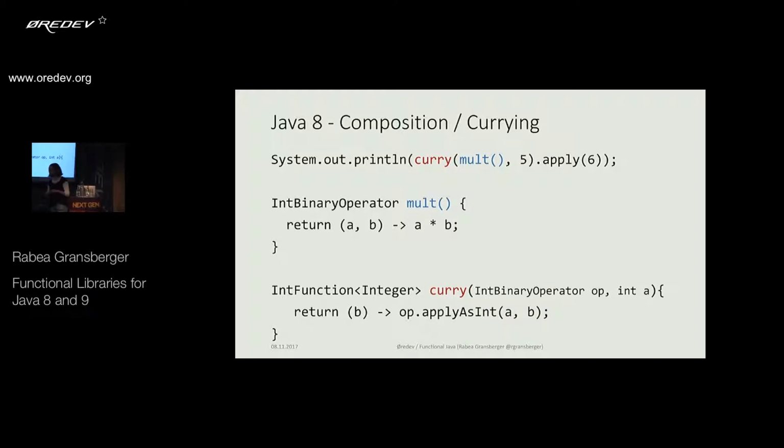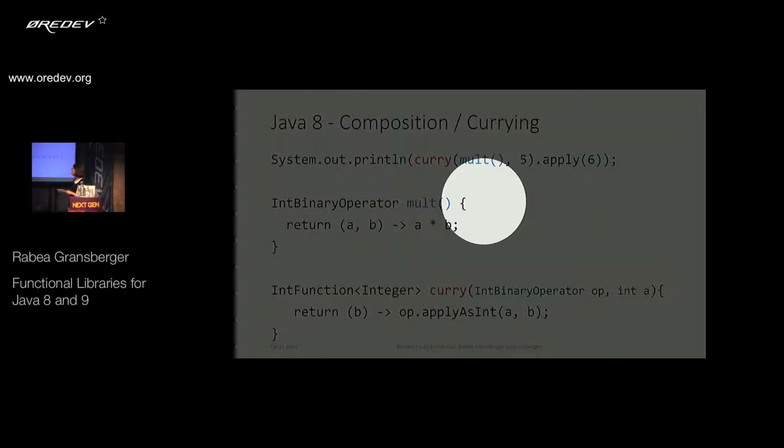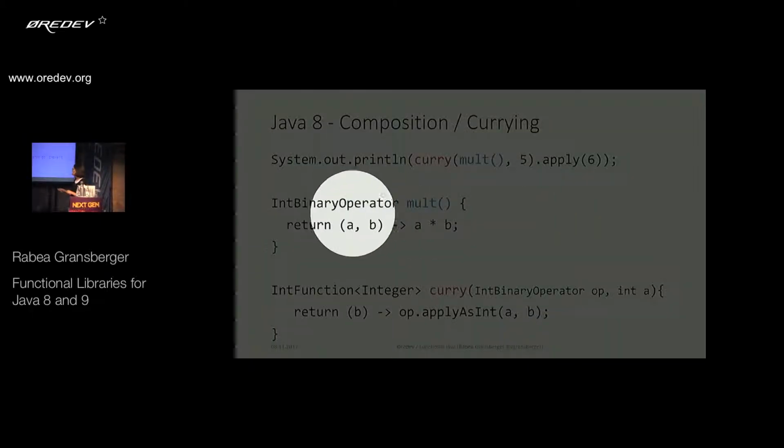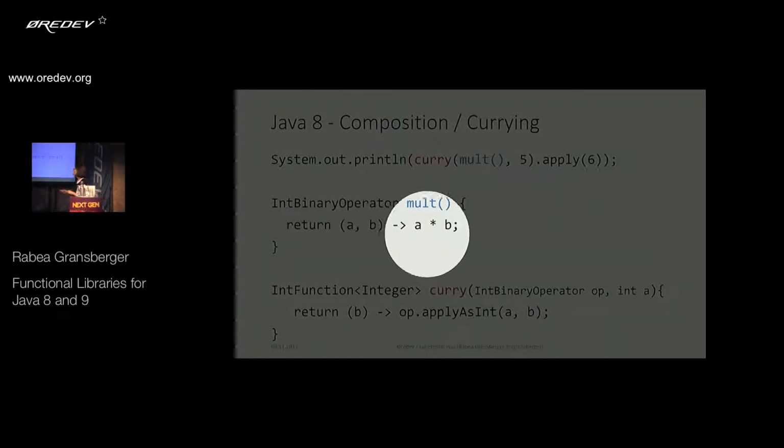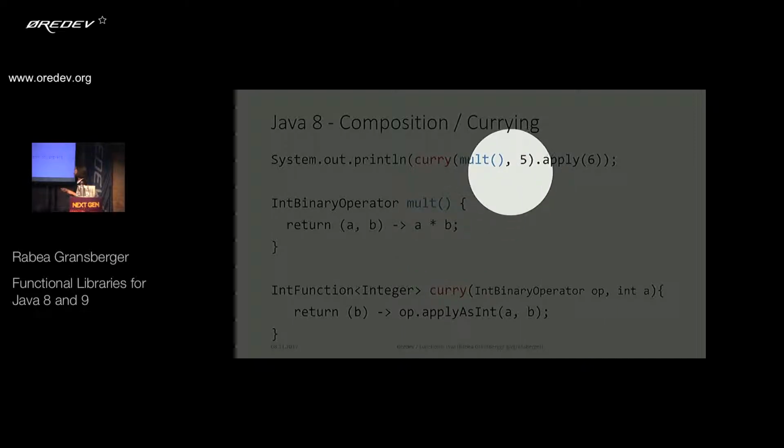And with composition, we can also do some currying. Currying means that we want to fix one of the values of a function. So in this case, we have the multiply binary operator, right? So we need 2 parameters, a and b. And we want to fix one of the parameters to be 5. So we always multiply by 5.